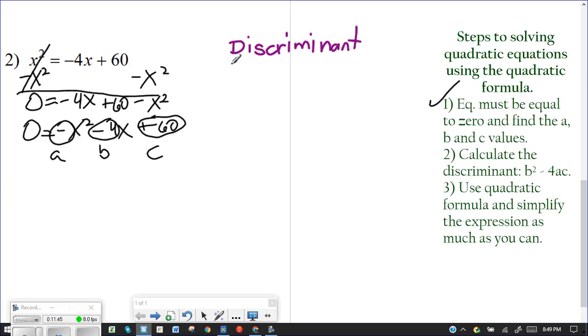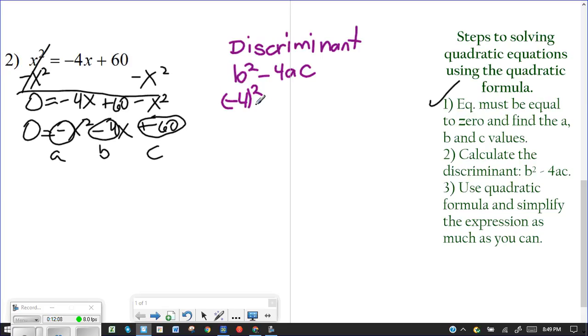The formula is b squared minus 4ac. Take the b value and square it. My b value is negative 4, so I'm going to put in negative 4. Because it's negative, I need to put in parentheses. Squared. B value is negative 4.